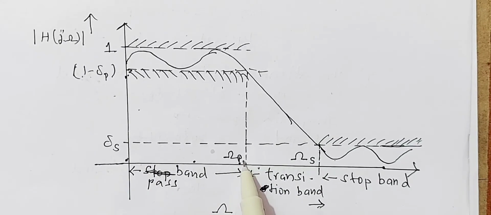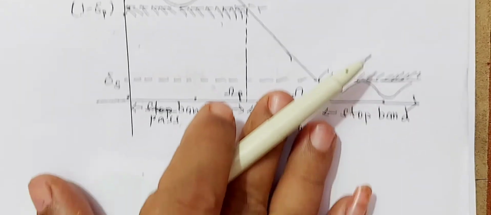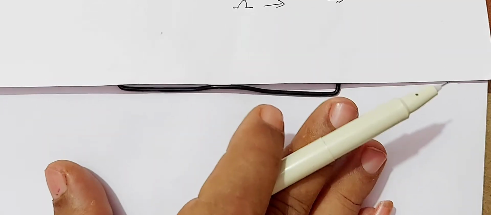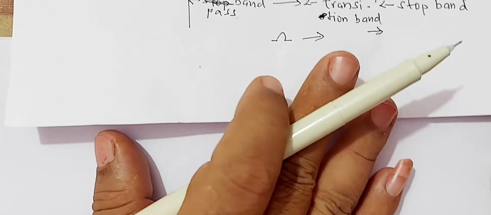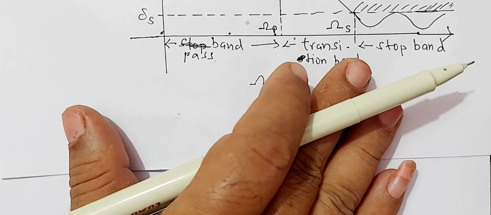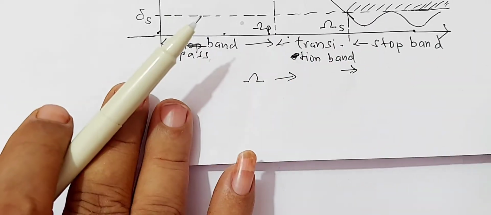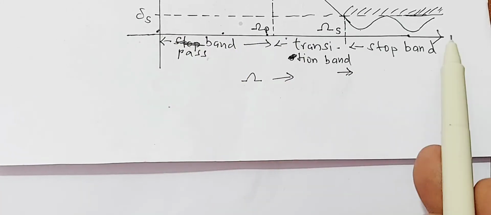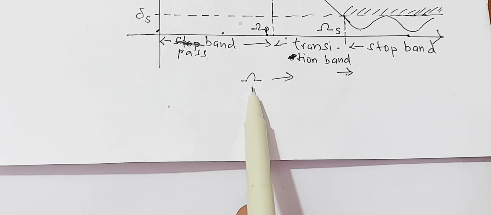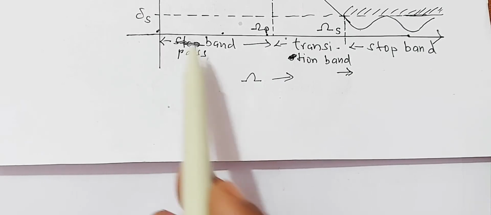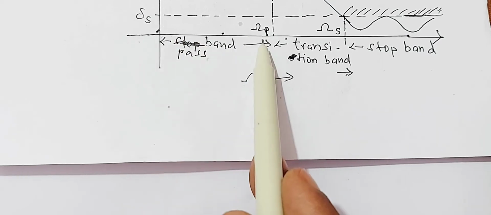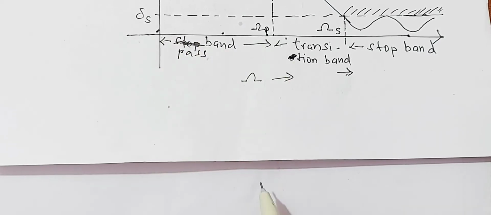From here to here, how do you write the equation? From here to here it is 0. This is the frequency axis, that is omega. Omega is the frequency. 0 less than or equal to frequency less than or equal to omega p, that is up to this value.